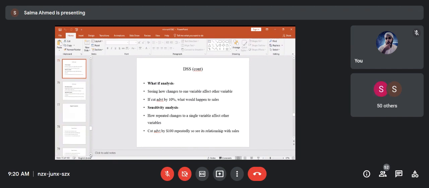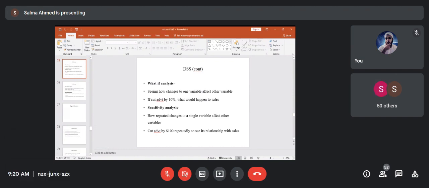Second is the sensitivity analysis. Under sensitivity analysis, we see how repeated changes to a single variable affect the other variables.